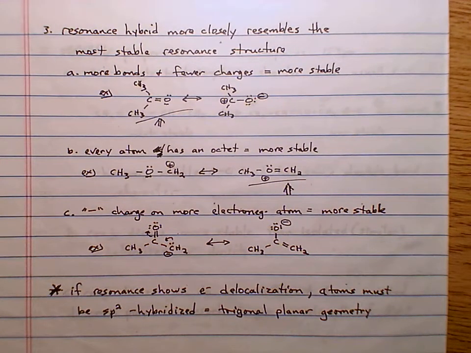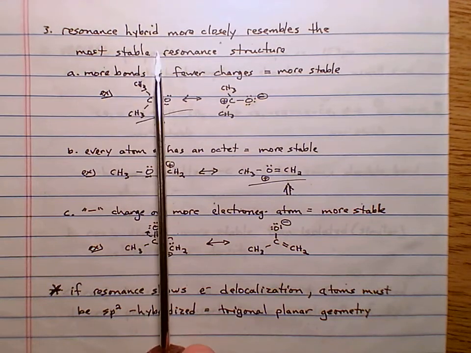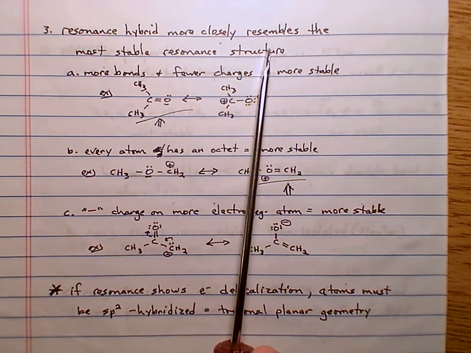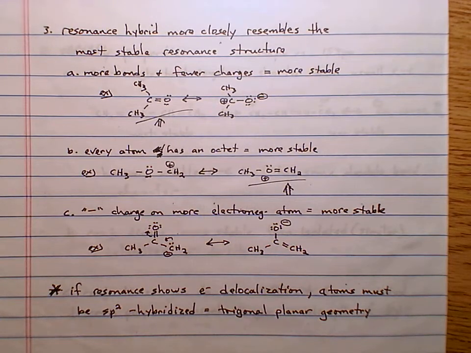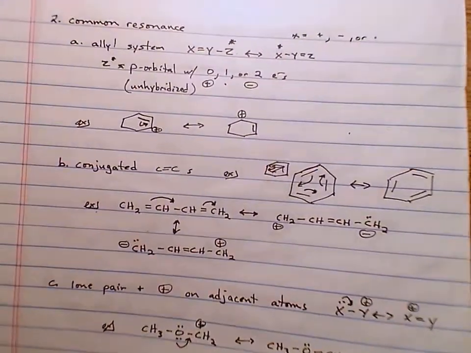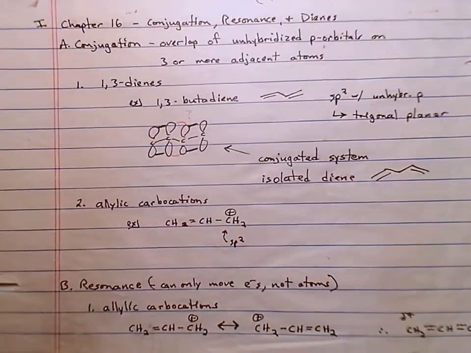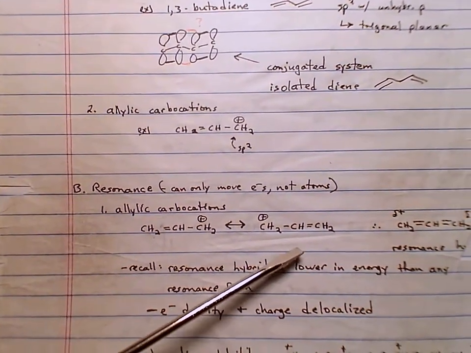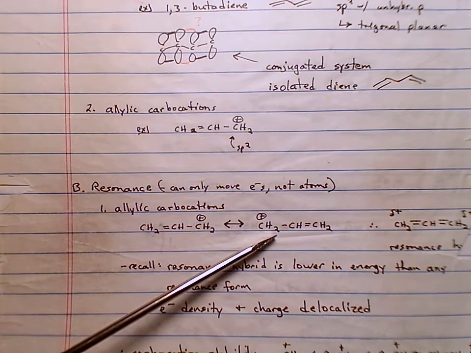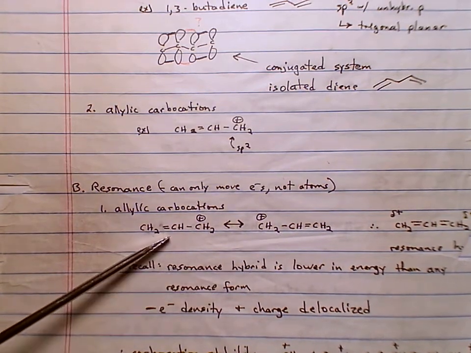Okay. Note, the resonance hybrid, as we just mentioned, more closely resembles the most stable resonance structure. All right. So, let's go back 2 pages. When we looked at this resonance here, note this resonance form looks like we just flipped the molecule.